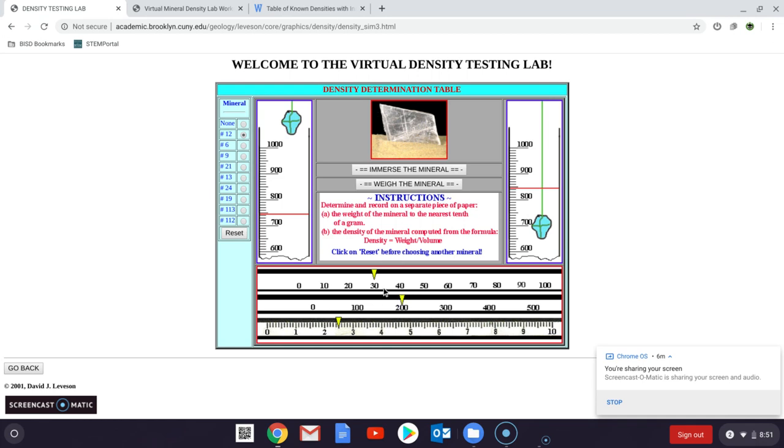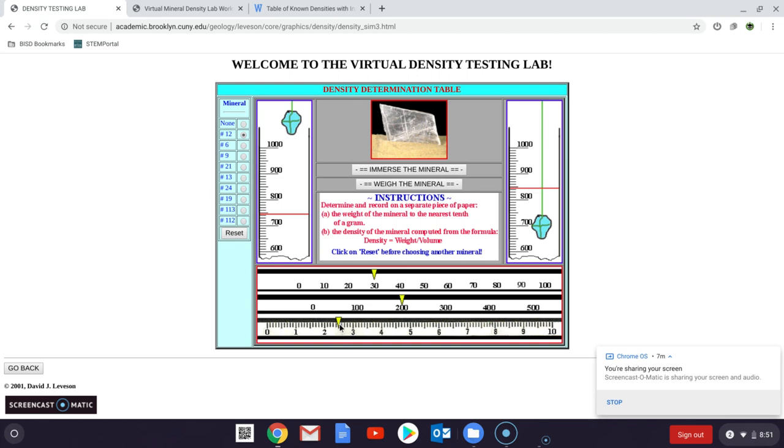So let's add these together. We've got 30 grams plus 200 grams, so that's about 230. And then down here, these are ones place digits, as we know, and this is going to be decimal points. So let's do this. 2.1, 2.2, 2.3, 2.4, and it looks like it's about on 2.5.